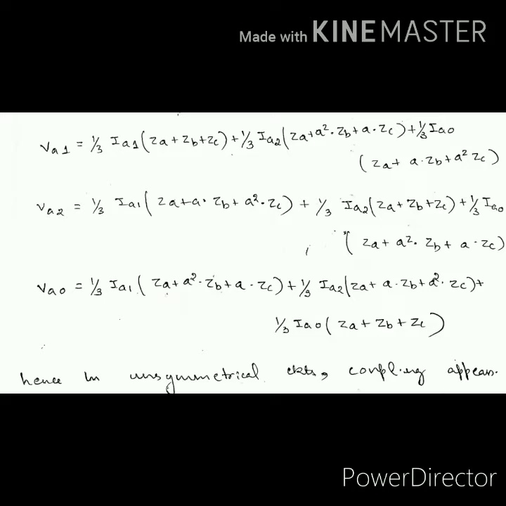Now here if you consider VA1, the current involved with it is all three: positive IA1 is there, negative sequence IA2 is there, zero sequence IA0 is also there. So what you can observe from this is, in this unsymmetrical circuit, coupling is appearing. That means impedances are coupled. So these are the two effects in symmetrical as well as unsymmetrical circuit.